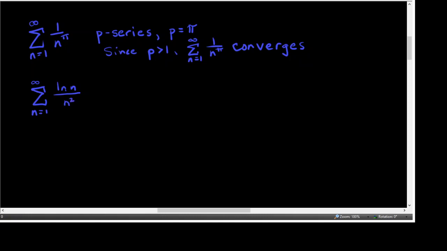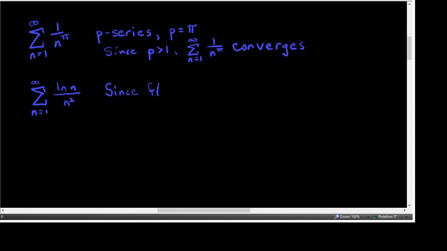Let's see. All right. Well, that is not a p-series because it's ln of n over a power of n. That's not the p-series. And we've actually done other things before this, so we have to think about what it can be. I'm seeing something I think I can integrate.